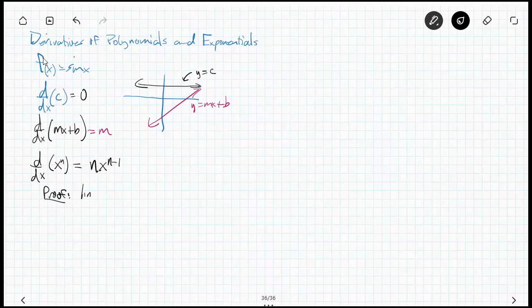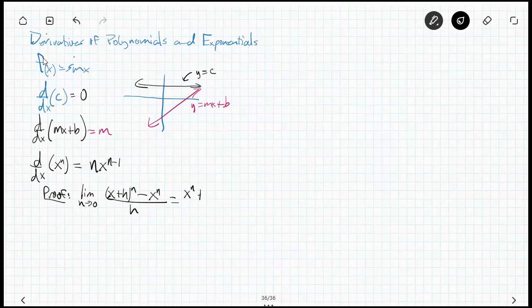We're going to take the limit as h goes to 0 of x plus h to the n minus x to the n all over h. Now, what does this turn into? Hopefully you remember from back in the day, what we get from a binomial expansion. The first term is going to be x to the n, and the last term is going to be plus h to the n.